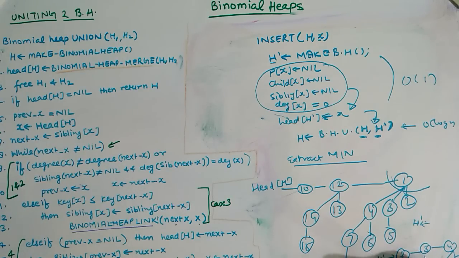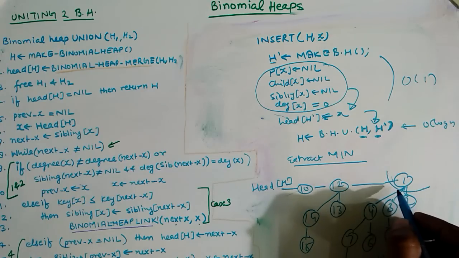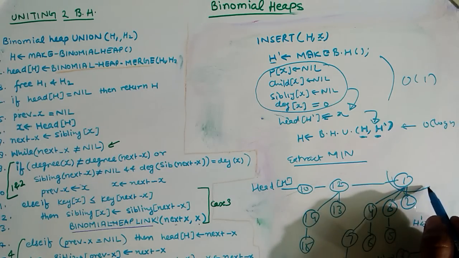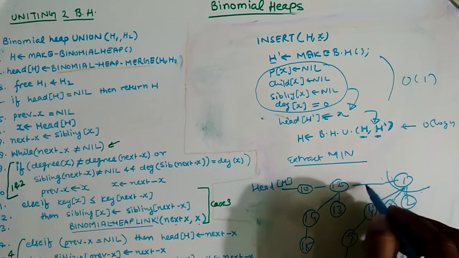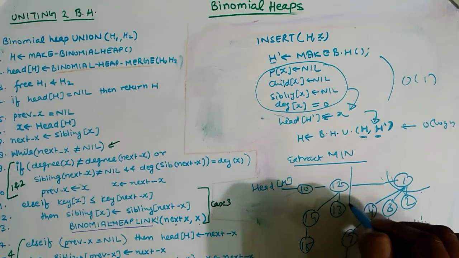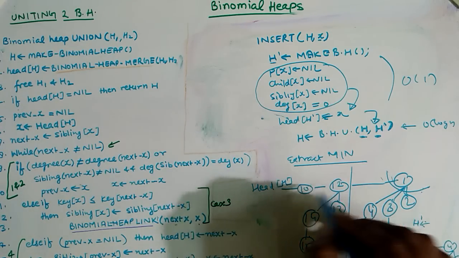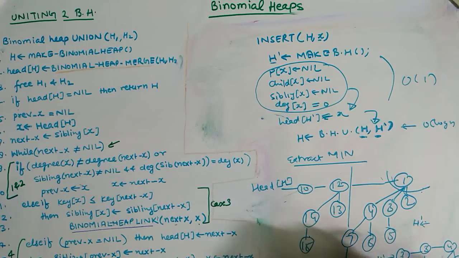So this is now h dash. Now we extract this element from the root list. Now this h has become one root less, and this is my h dash.